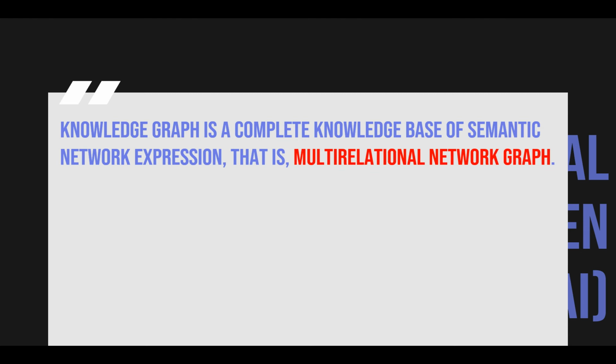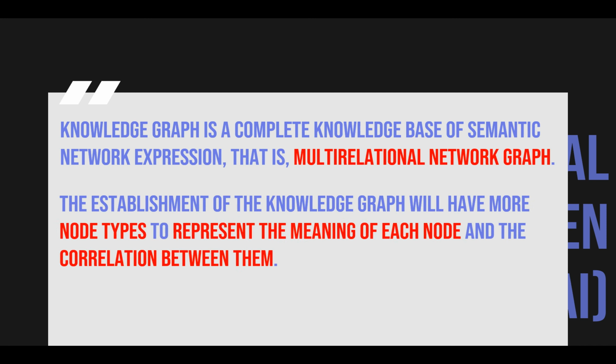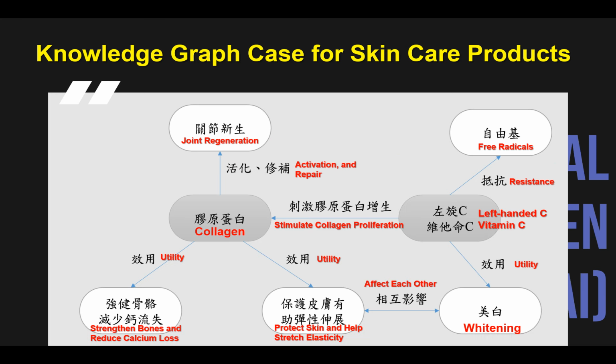And a knowledge graph is a complete knowledge base of semantic network expression that is a multi-relational network graph. The establishment of a knowledge graph will have more node types to represent the meaning of each node and the correlation between them.